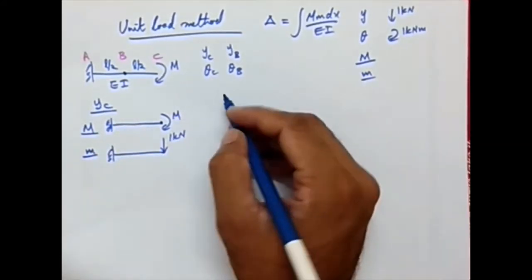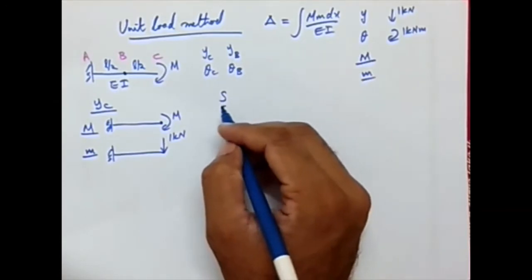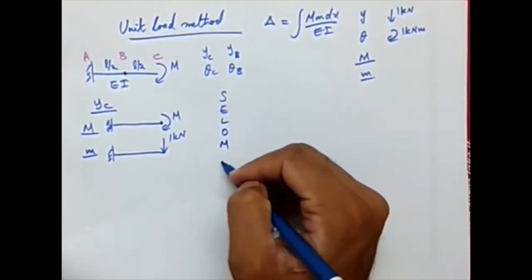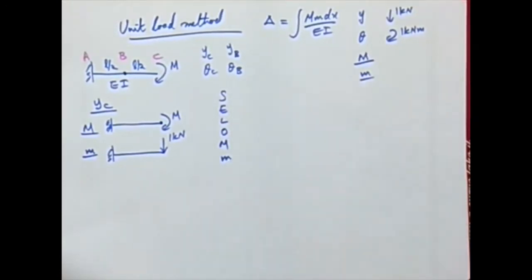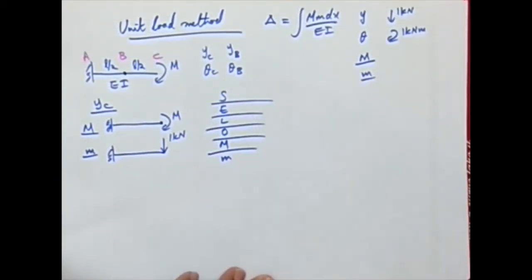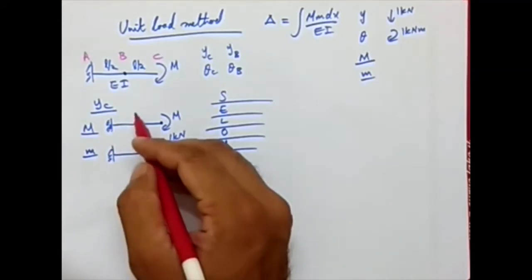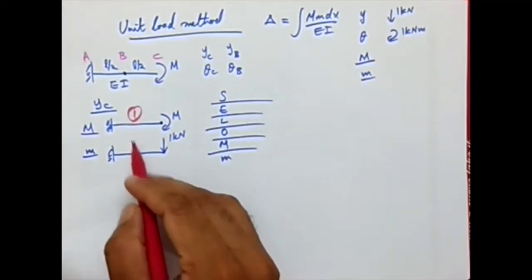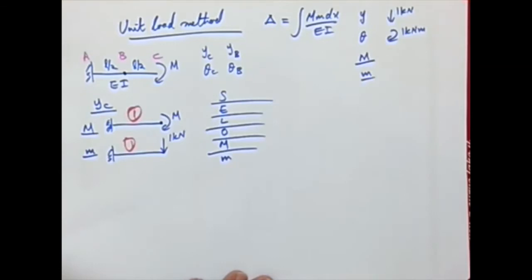Now we'll go with the table, and as it is the unit load method, small m also comes into the picture. Now we see how many segments are required. There is just 1 point force at each location, so just one segment is enough.